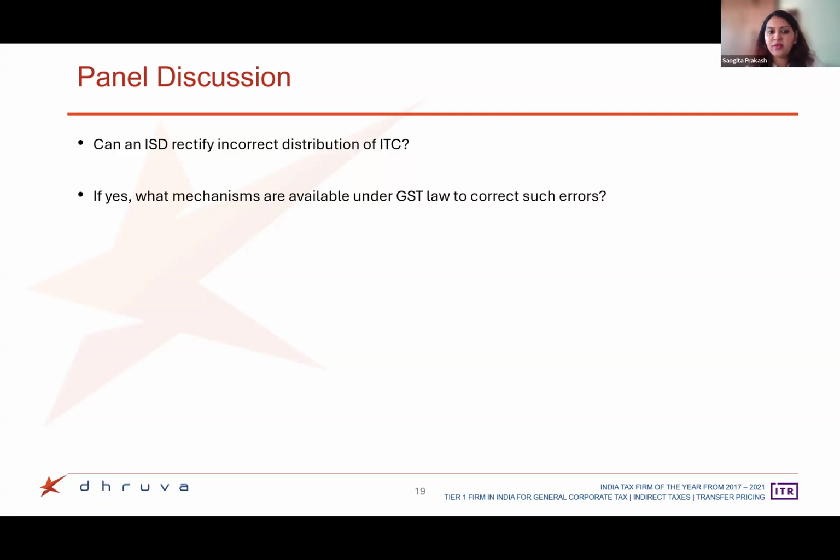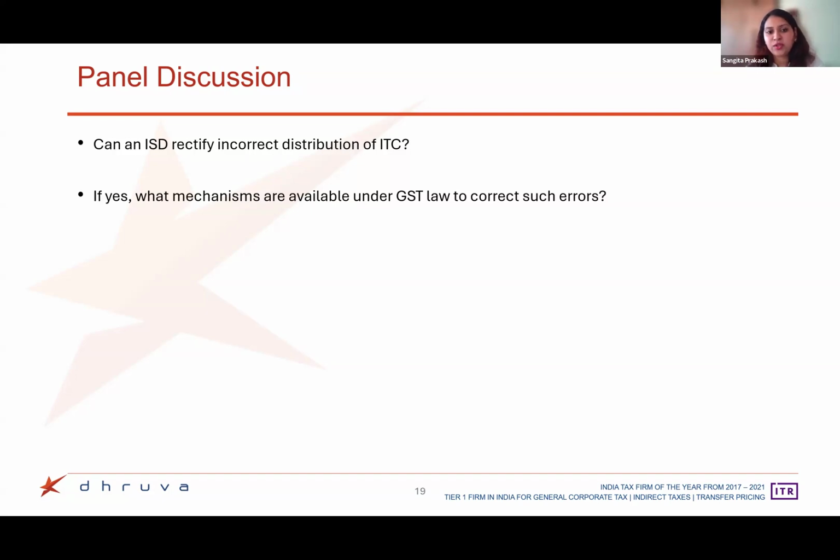Is there any way that an incorrect distribution can be rectified at a later stage? So like the ISD is allowed to issue an invoice for distribution, there are also mechanisms which allow the ISD registration to raise credit notes and subsequent debit notes as well. So if a taxpayer ascertains that the distribution that the ISD registration has undertaken for a past period is incorrect and that needs to be revised, then a credit note can be issued.